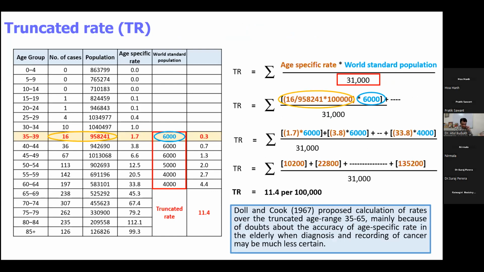And Sri Lanka, Nepal, now Nepal team, Bhutan team, Kinley, is this clear to you, truncated rate? Yes, sir. Okay. Varanasi team, is it clear to you? Truncated rate?